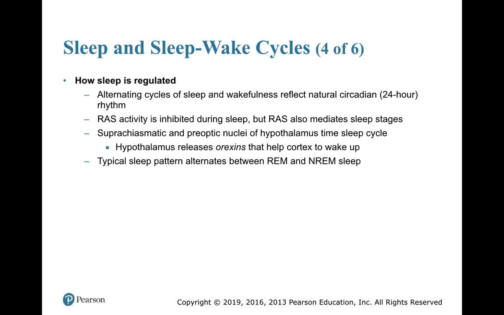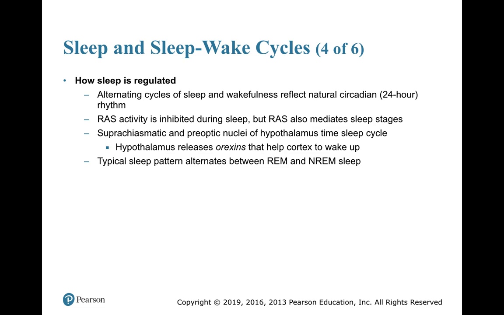The reticular activating system activity is inhibited while we are asleep, but it is also involved in mediating the stages of sleep, so it's not entirely turned off. The suprachiasmatic and the preoptic nuclei of the hypothalamus are there to time sleep cycles.